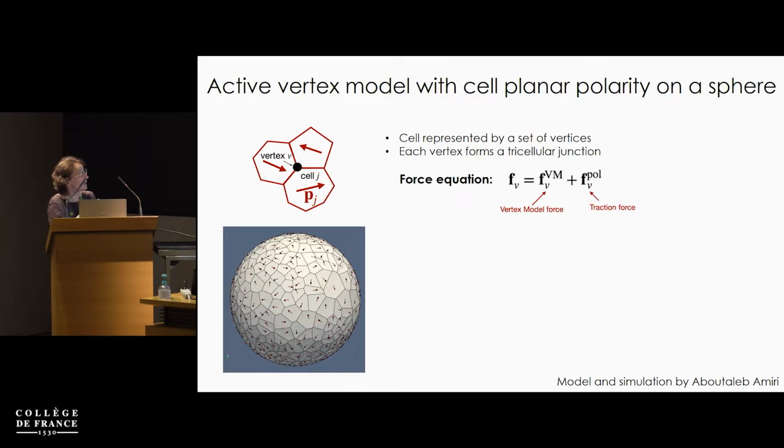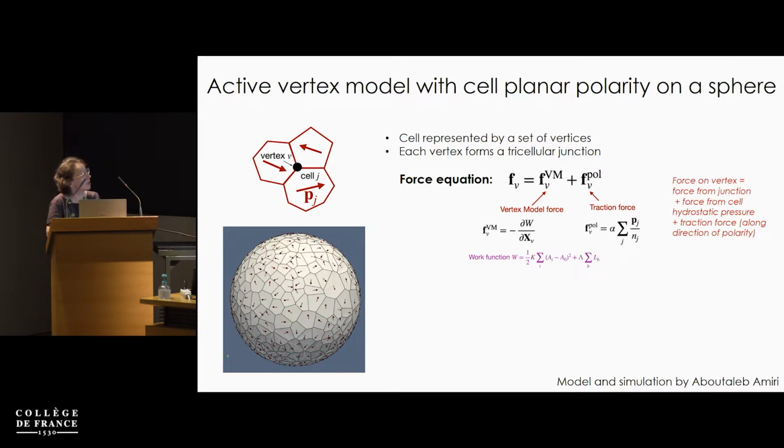And then the model has two components. First, the force equation, where we have both a component that is the force exerted from the junctions with other cells and the traction on the matrix.